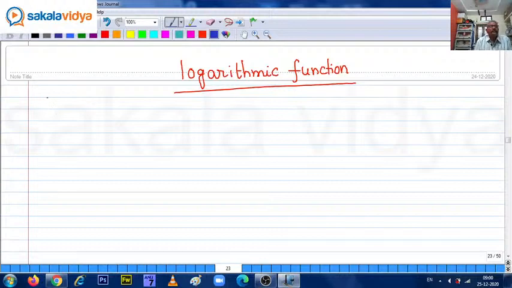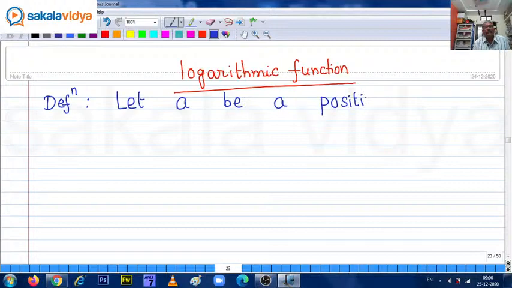Definition of the logarithmic function: let a be a positive real number and a does not equal 1.